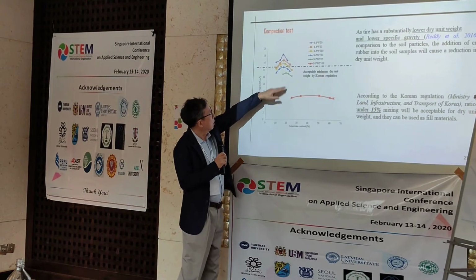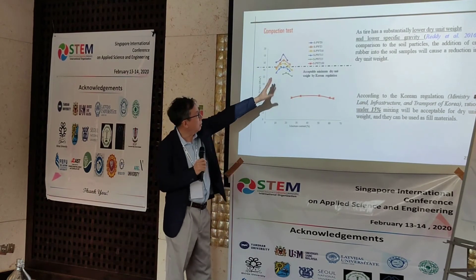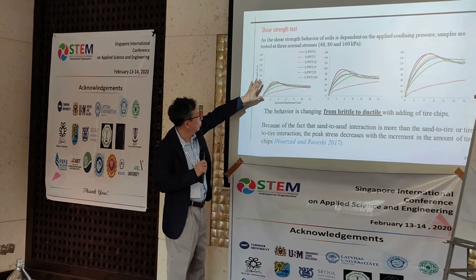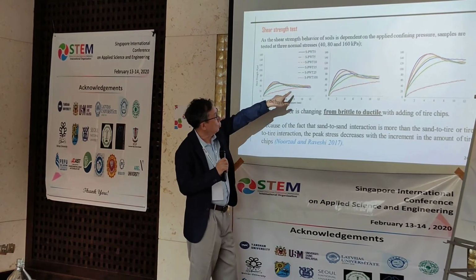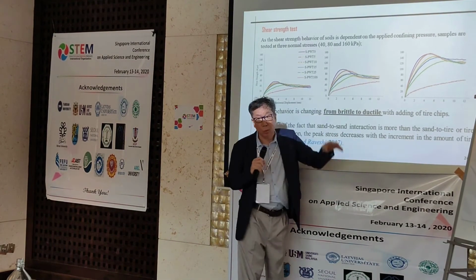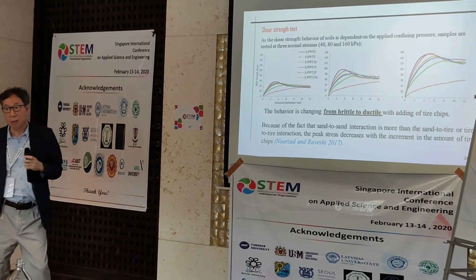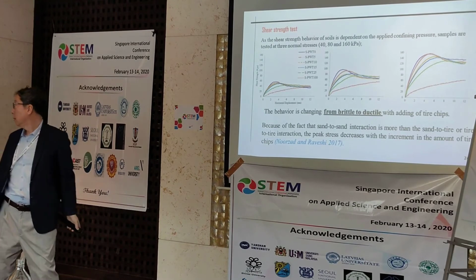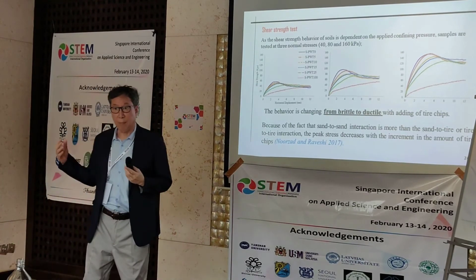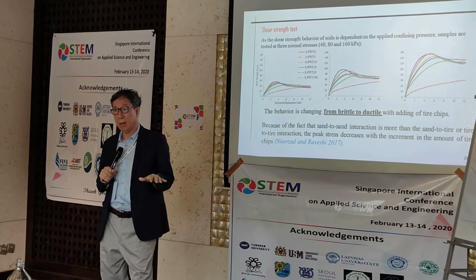And this is a compaction test result. And next, maybe this is good. This shows that even though I mix the soil with TAC tires, it shows a very good capacity for the bearing capacity.